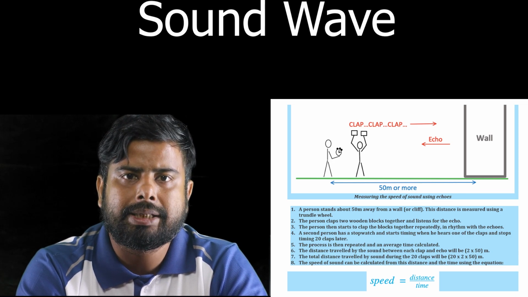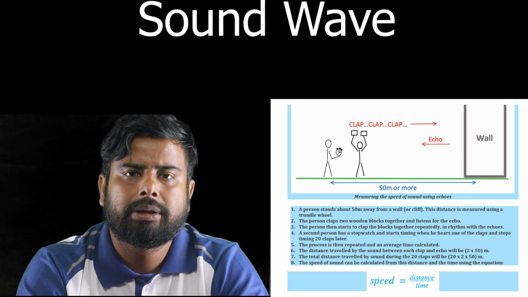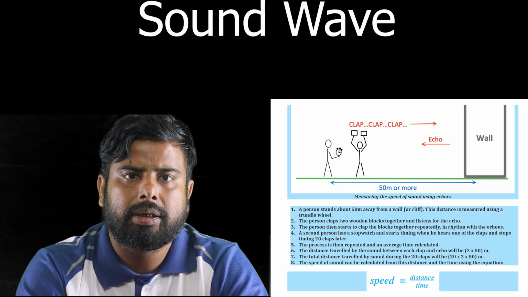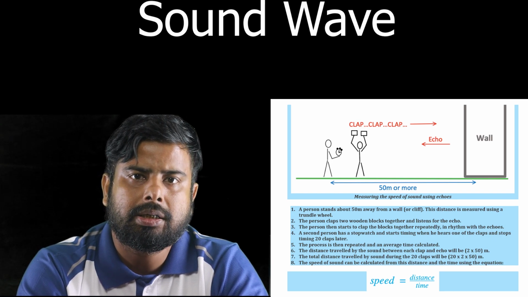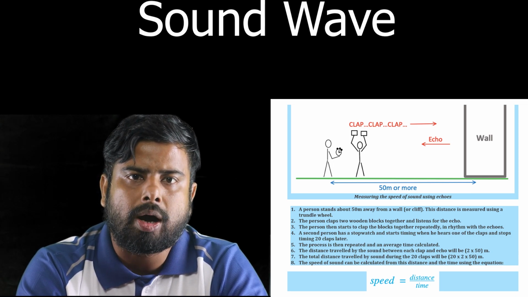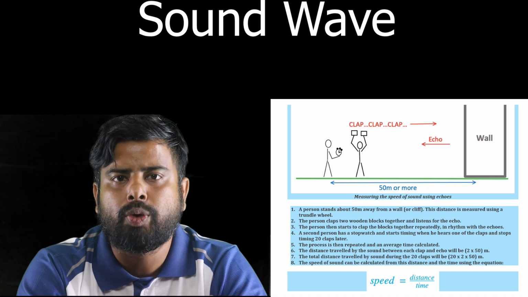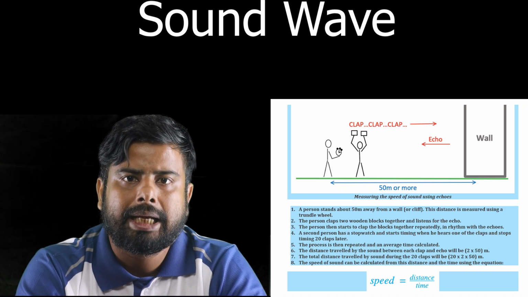The person then claps the blocks together repeatedly in a rhythmic way with the echoes. The second person has a stopwatch and starts timing when he hears one of the claps and stops timing 20 claps later. This is then repeated and the average time calculated.